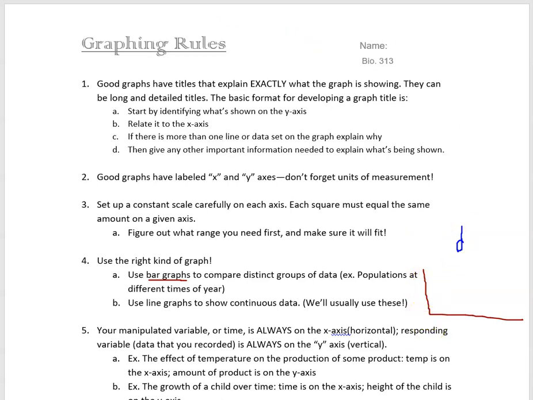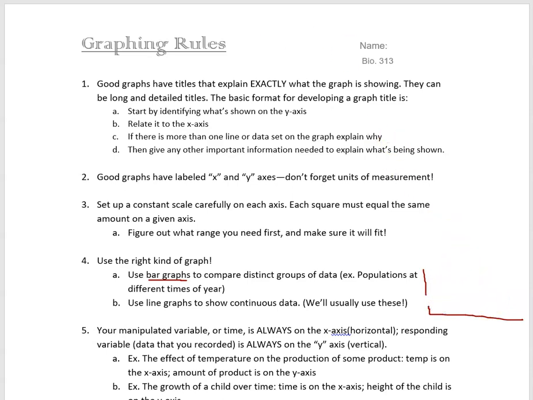Why is that important? Well, let's say you make a graph, and if your graph ever goes forward and back, well, that means you switched your axes, because graphs never go forward and back. They should always go kind of like in an up and down direction like this. They should always go up and down. But sometimes you don't have a graph that changes like that.